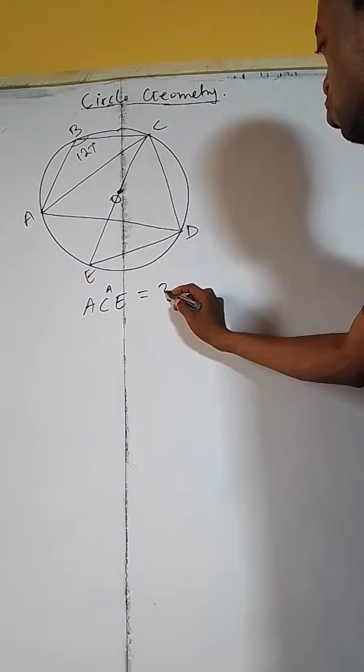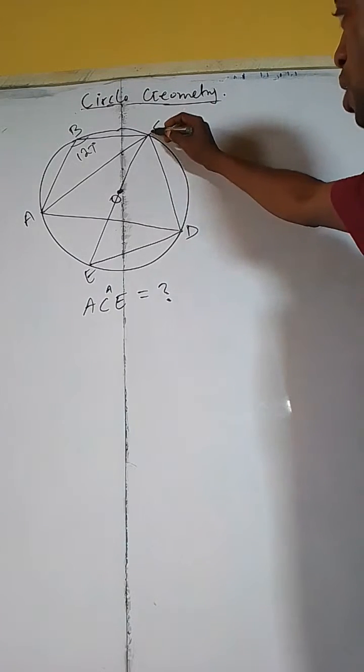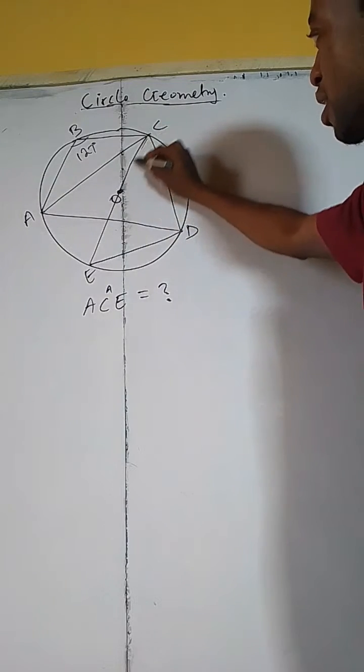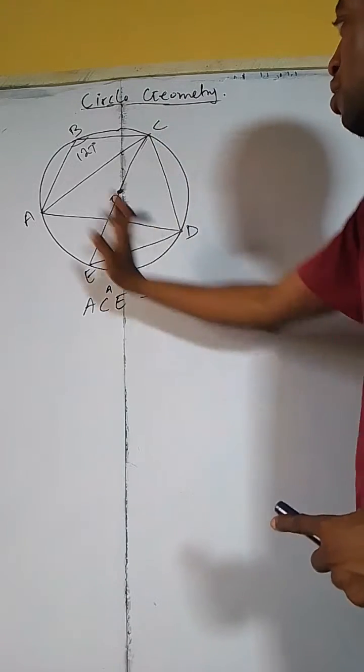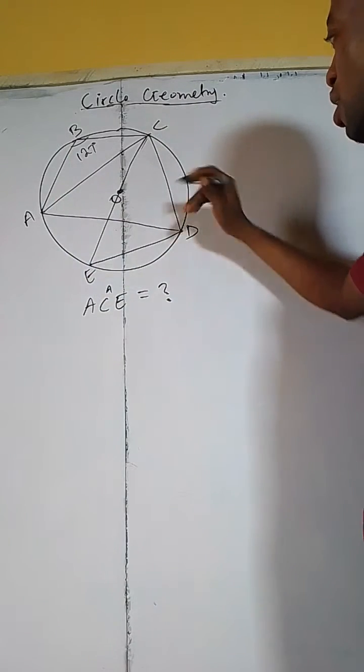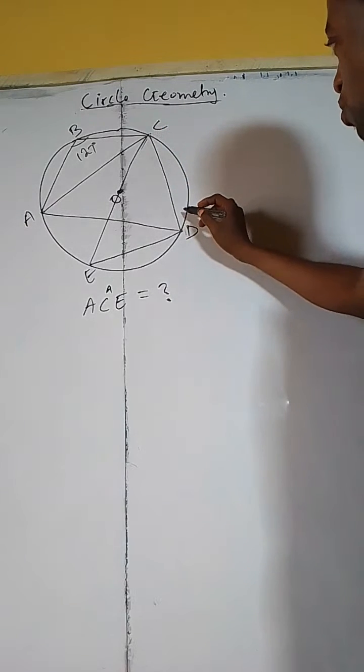So it's important to note from what we are given that once we have the center and we have a diameter, that means this diameter divides this circle into two. That's a semicircle. An angle formed by the diameter is the same thing as angle in a semicircle, which is 90.